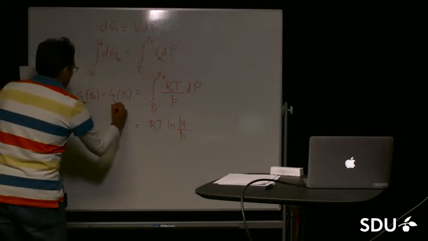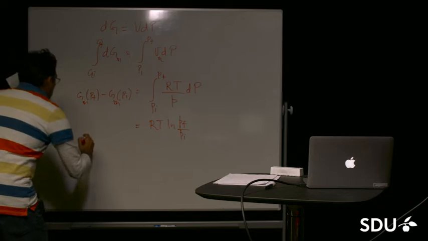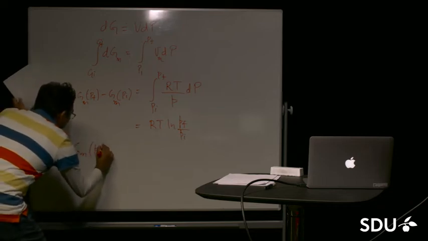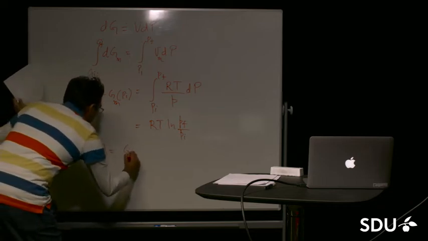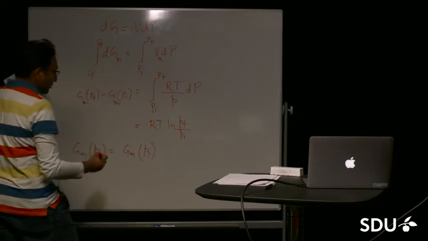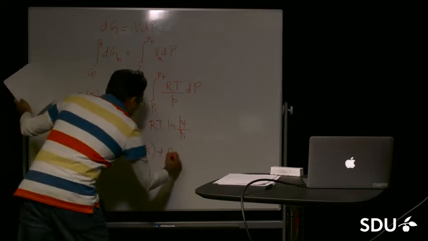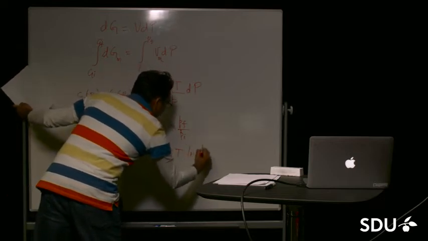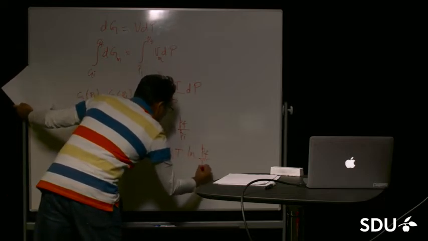I forgot M here, and therefore the molar Gibbs free energy at any pressure can be described with respect to the molar Gibbs free energy at some other pressure plus the gas constant multiplied by the temperature multiplied by the natural logarithm of the ratio of the two pressures.